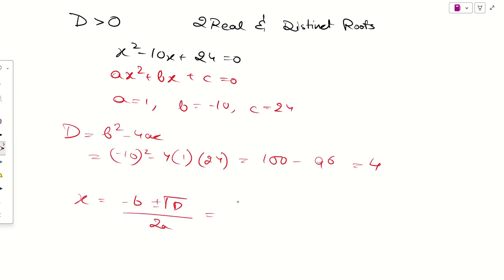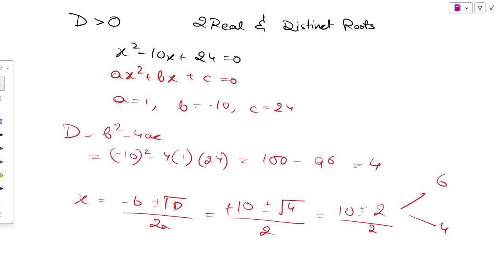Here your b value is minus minus, which will be plus 10, plus minus 4, right? And from here under root 4 will be 2. From here we have 6 and 4. So from here you can see that when your D is greater than 0, you will have two real and distinct roots.